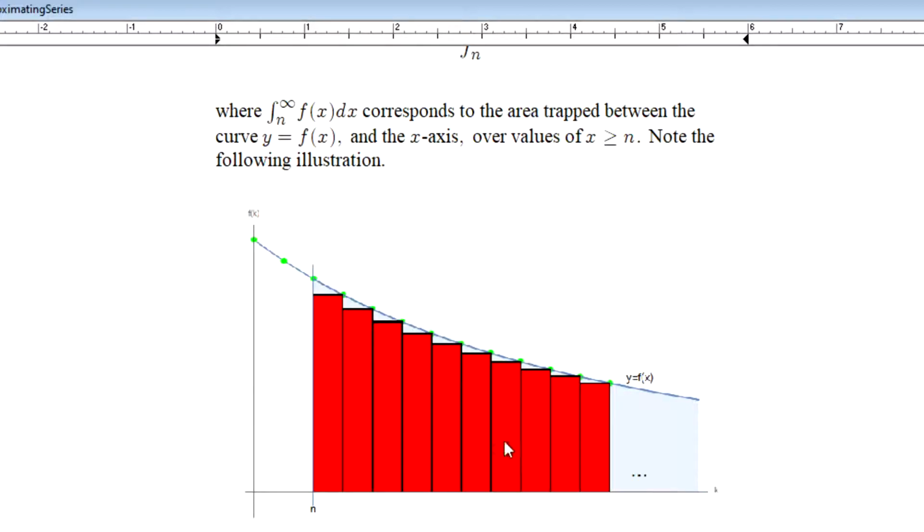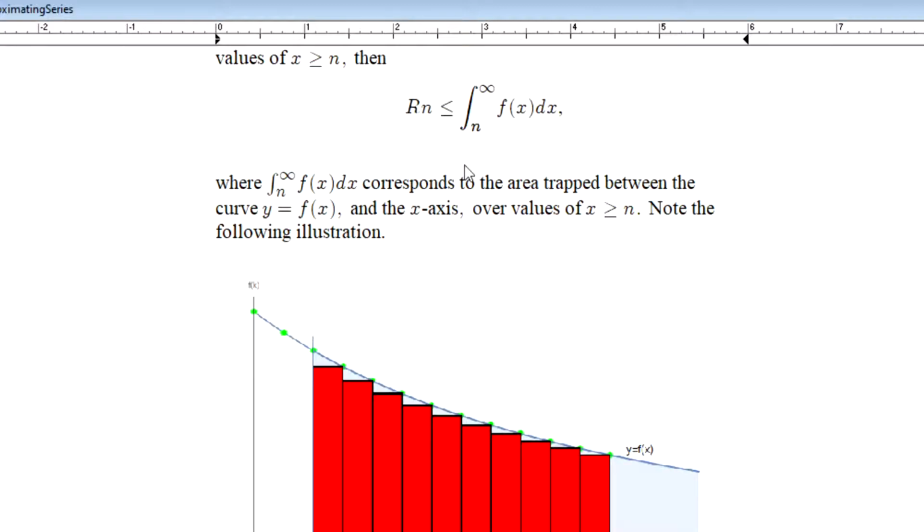And the red bars themselves will be trapped within that area described by that integration. And if they're trapped within that area, then they have to be smaller than the area described by that integration.